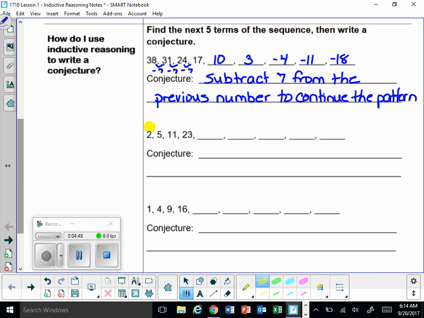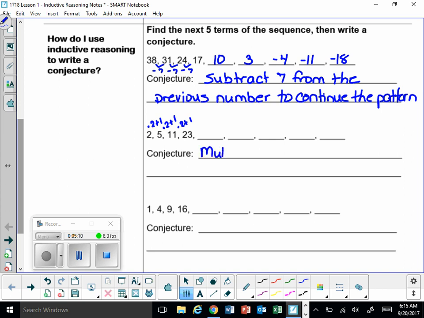So times 2 plus 1. 5 times 2 is 10, plus 1 is 11. 11 times 2 is 22, plus 1 is 23. I think I have a conjecture.